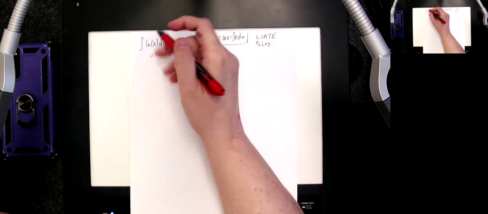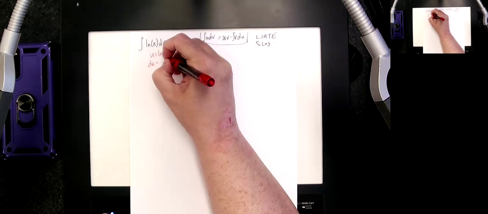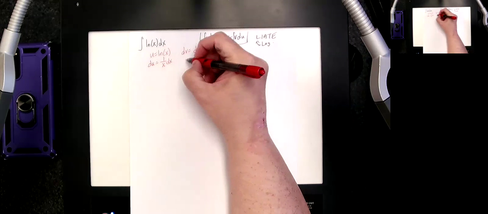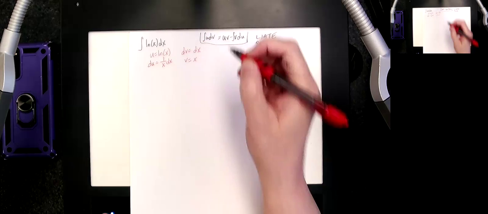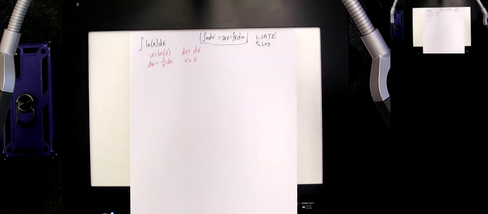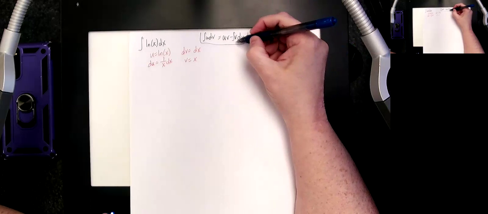So when I take the derivative, we get 1 over x dx. And we integrate here, we get x. So we do uv minus v du.